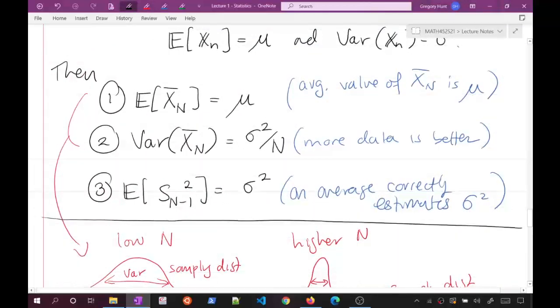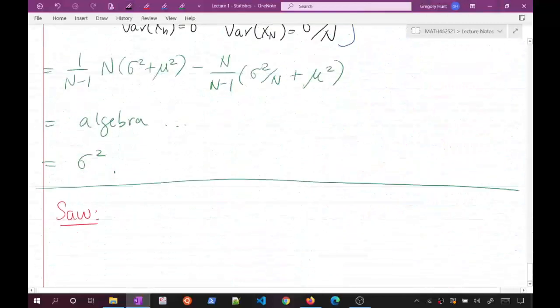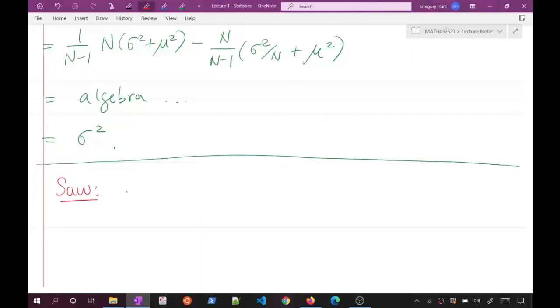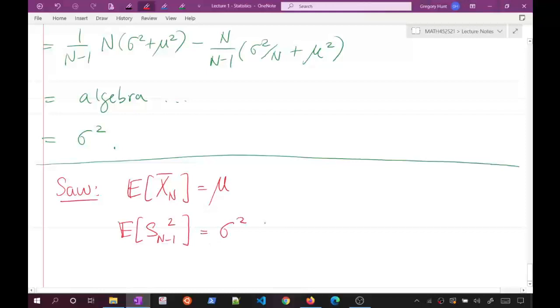The second is the variance of x bar is sigma squared over n. And the third was the expectation of the sample variance is sigma squared. So, let's rewrite the first two facts. What we saw is that if we looked at a statistic, say xn bar, that gave us mu. And if we looked at the expected value of a different statistic, namely the sample variance, Sn minus 1 squared, that gave us sigma squared.